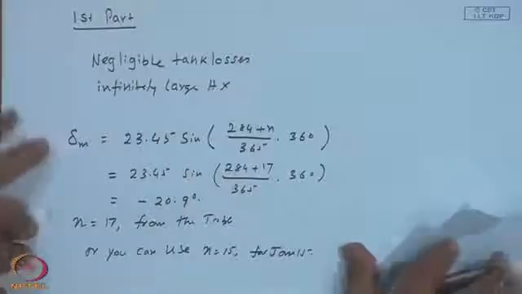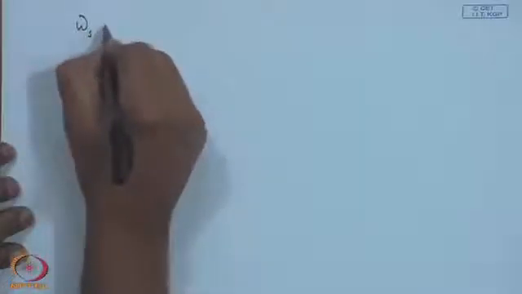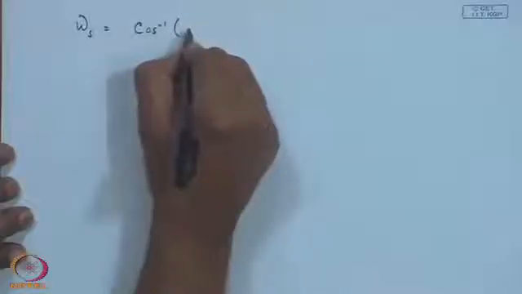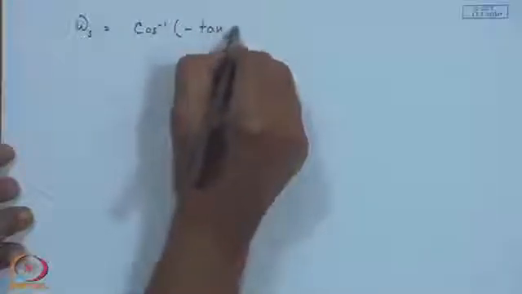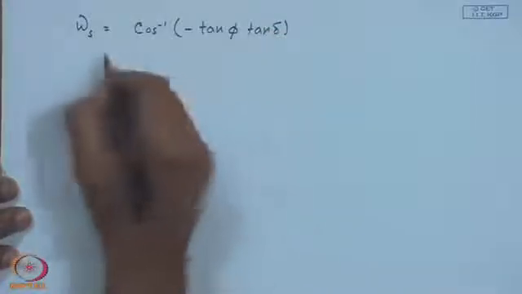From this mean declination we calculate the sunset hour angle omega s, which is cos inverse of minus tan phi tan delta.